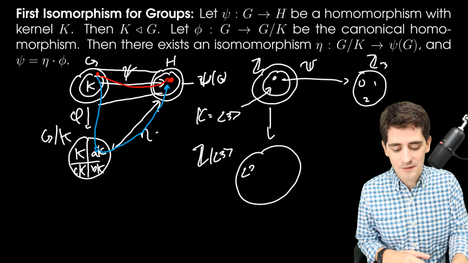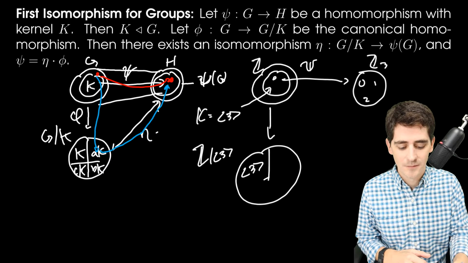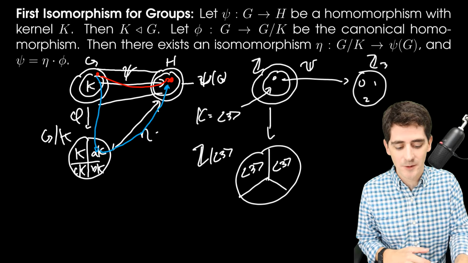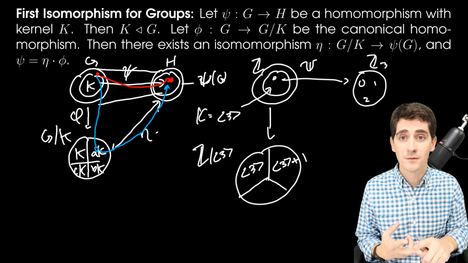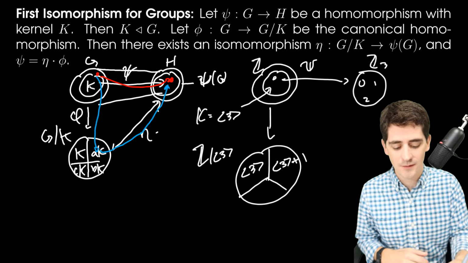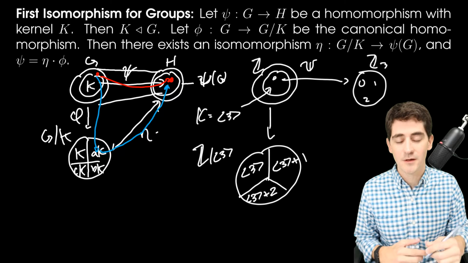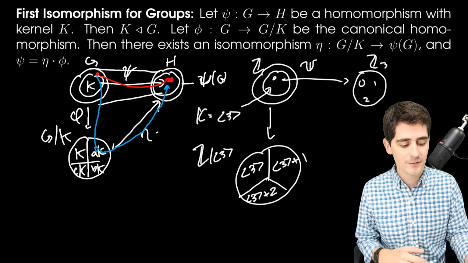And so I have the cyclic subgroup generated by 3 as one element. And then I can have its cosets, which is going to be the cyclic subgroup generated by 3 plus 1. So this includes elements 1, 4, 7, and so on. And then I could have the cyclic subgroup generated by 3 plus 2. Any other coset is going to fall into one of these three categories.